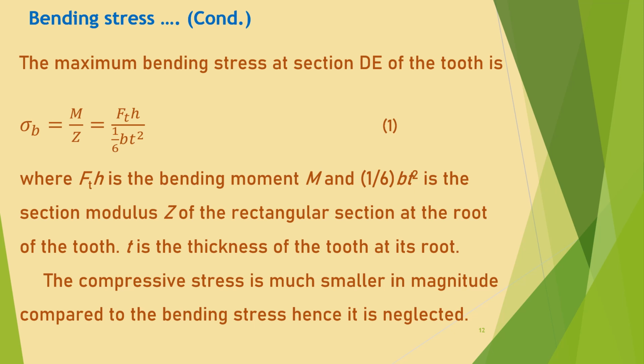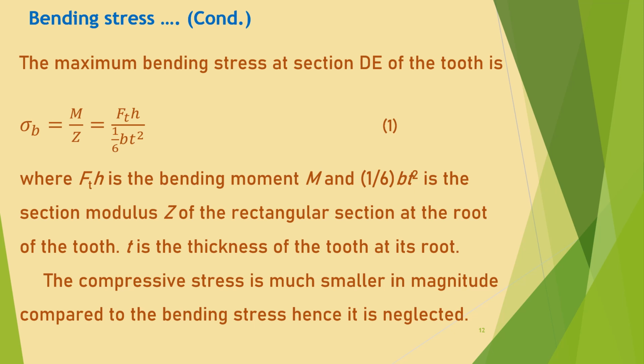For beam width b and tooth thickness t, the section modulus is 1 by 6 b t square. Remember that the section of the tooth at the root is rectangular.